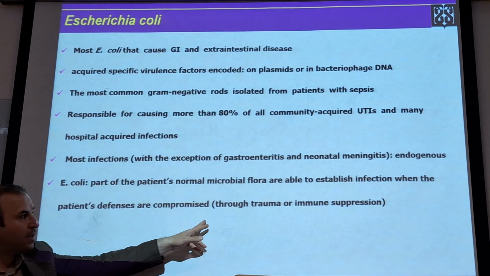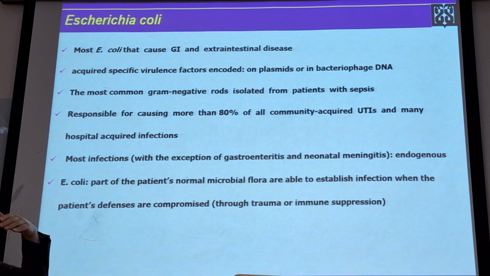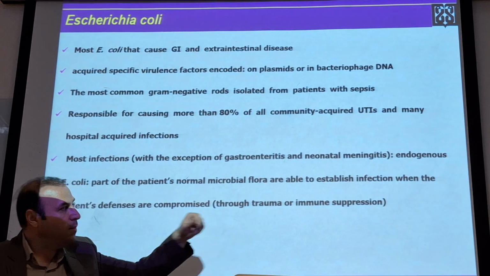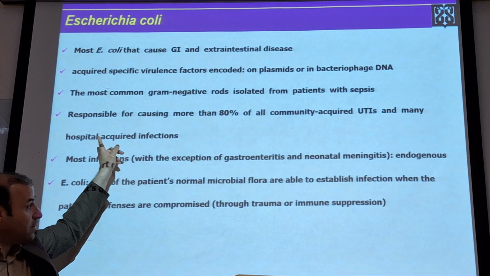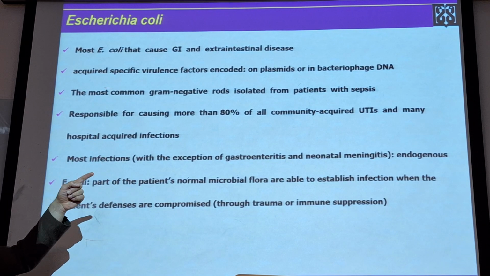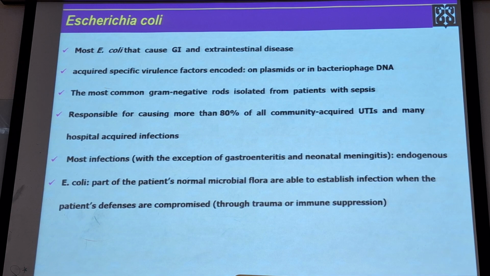For example, in HIV patients, in patients with trauma or immune suppression, E. coli can produce disease. For this reason, it is called an opportunistic pathogen. It can produce disease in patients with weak immunity.